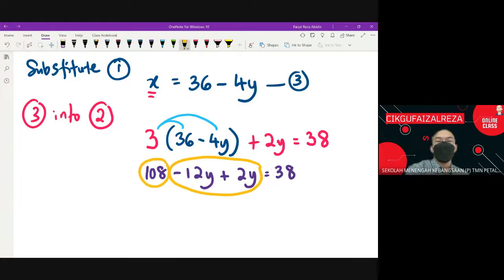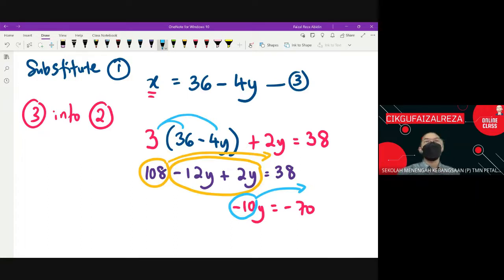And 108, I'm going to bring to the right side. It's going to be 38 minus 108. Am I right? You are going to have negative 70. On the left side, negative 12y plus 2y, you are going to get negative 10y.